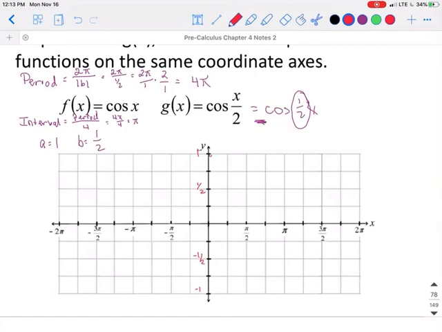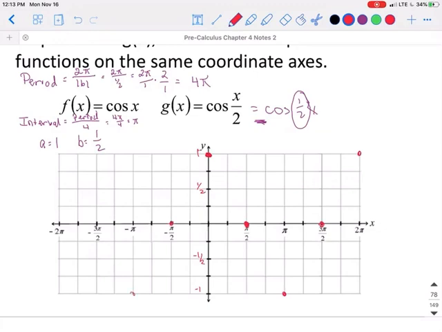Cosine itself is going to start at a high point. We know the amplitude of that original one is just 1, so it goes up to a height of 1. And we do know that regular cosine changes every pi over 2. So at pi over 2, we're here. Then we're low. Next pi over 2, we're middle. And the next pi over 2, we are high.